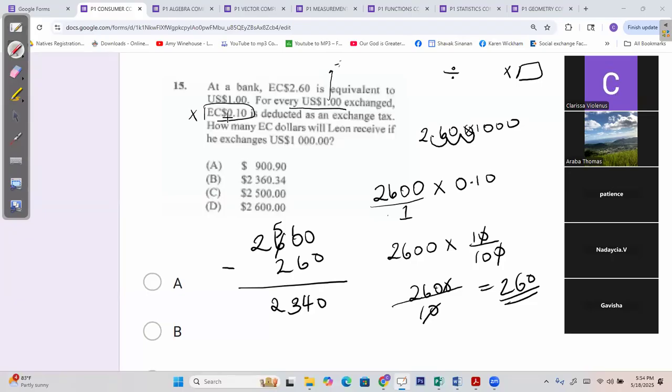For every dollar he exchanged, 10 cents. 10 cents is 1/10, so you divide by 10. So that means 200, because that would be like 10%. Yeah. 10% is tax. So he will receive 200, and then you deduct the 260 tax. Unless I make a mistake subtracting somewhere.